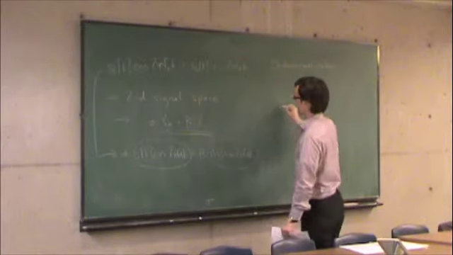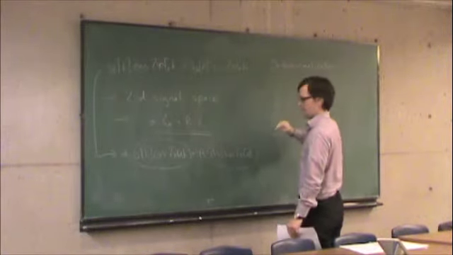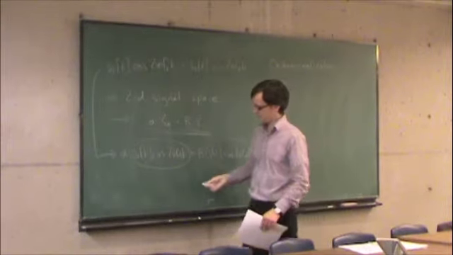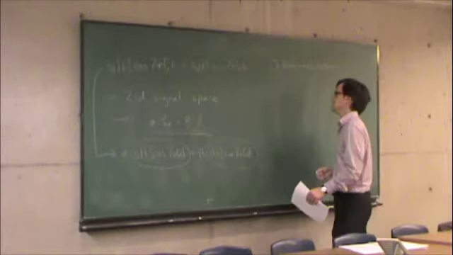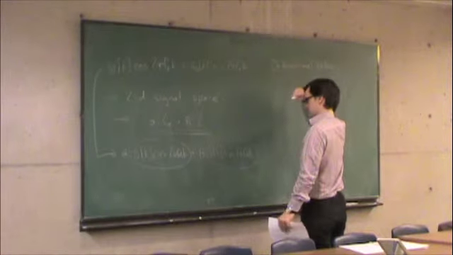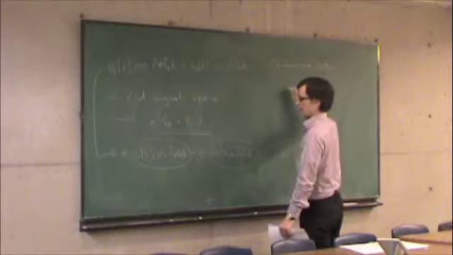I'm going to say our first vector is this. It's S of k cos 2 pi f d k. So let's call that.